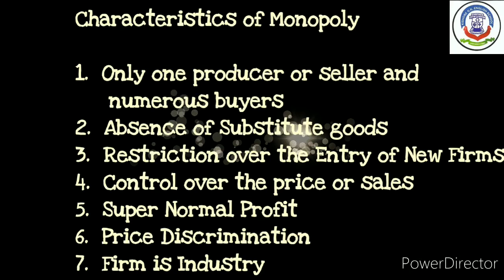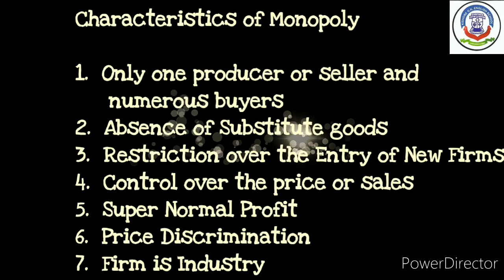They can charge different prices from different customers for the same goods or services. For example, a doctor can create price discrimination by taking high fees from rich patients and nominal fees from poor patients.